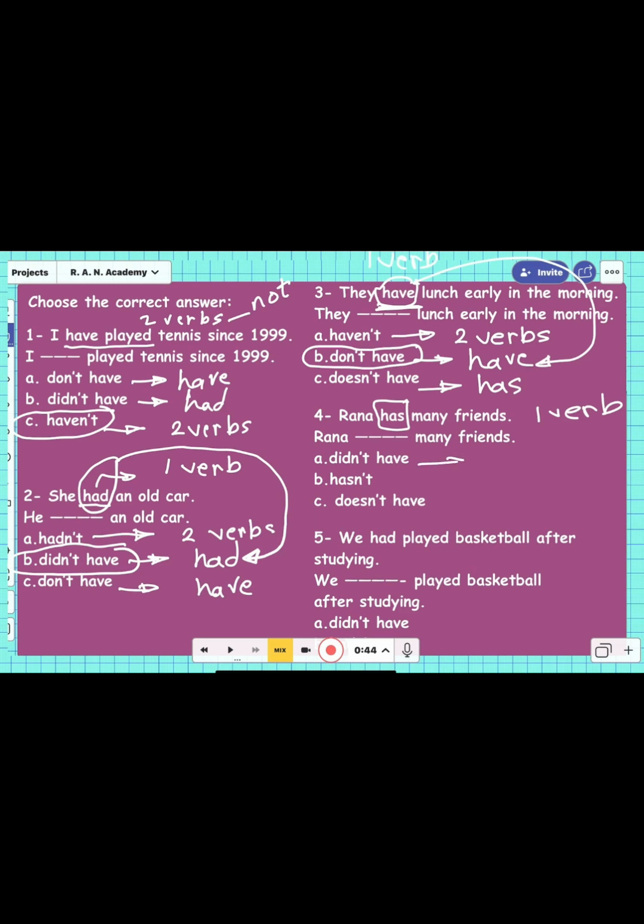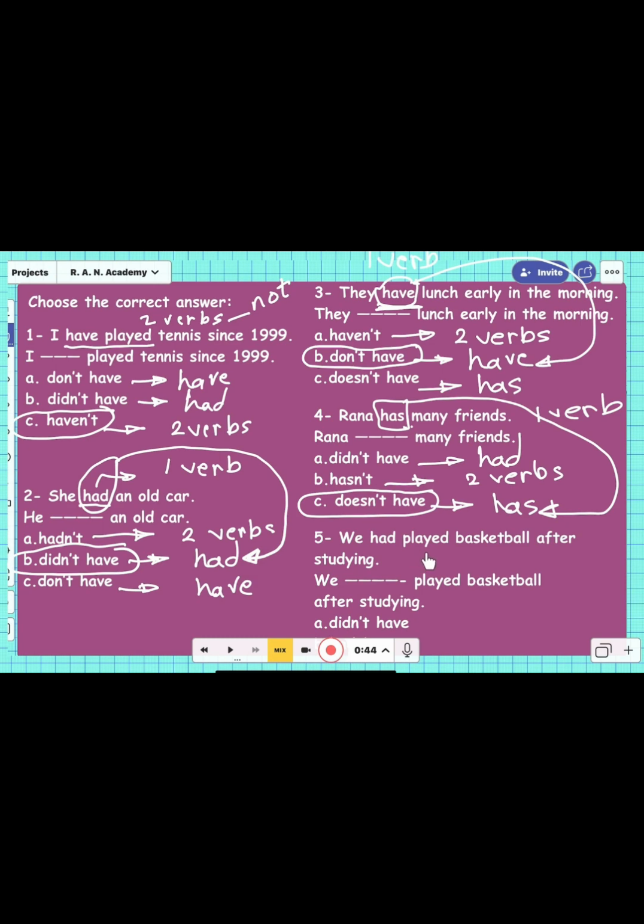Didn't have when I see had in my sentence. Hasn't if I have two verbs in the sentence. Doesn't have if I see has in the sentence. So I have has, so I will choose doesn't have. Very good. Excellent.